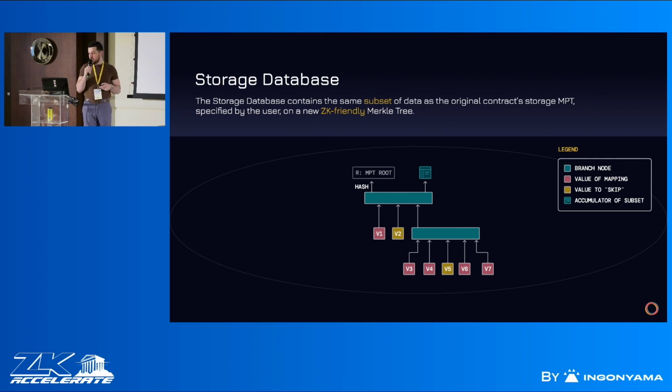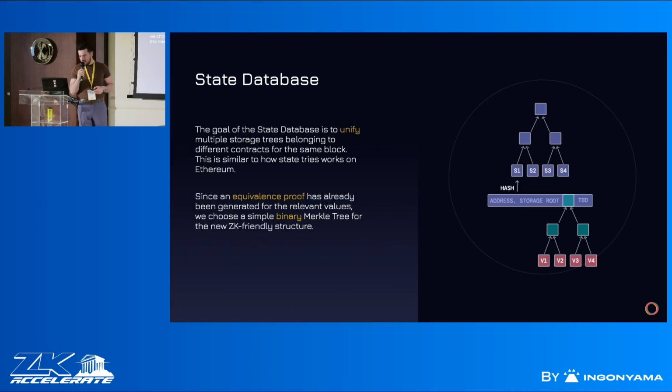We then encode every row as a separate branch at the second layer of the tree. We then have a layer we call the state database, which is a commitment to all of the contracts within a given block that we do this extraction, transformation, and pre-processing for.